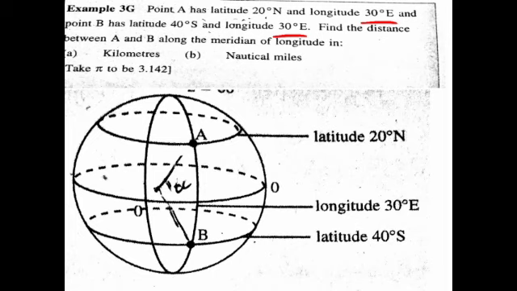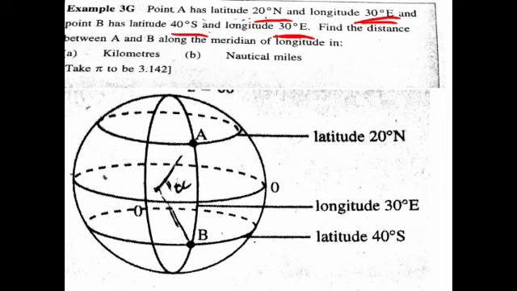So the first thing you have to take note of here is that point A is lying on longitude 30 degrees east. You can see it here. And point B is lying on longitude 30 degrees east, which tells us that they are lying on the same longitude, but different latitudes, because A is on 20 degrees north and B is on 40 degrees south.